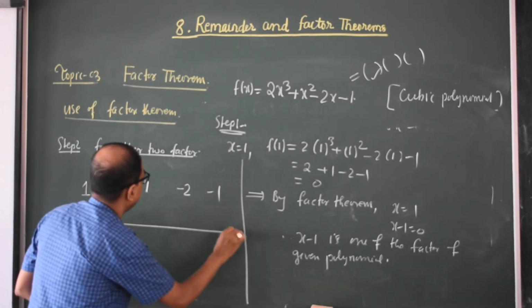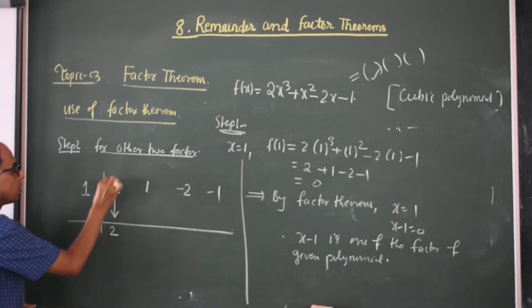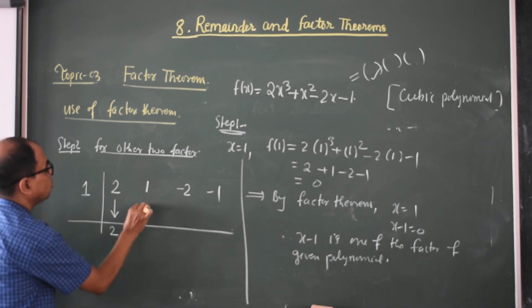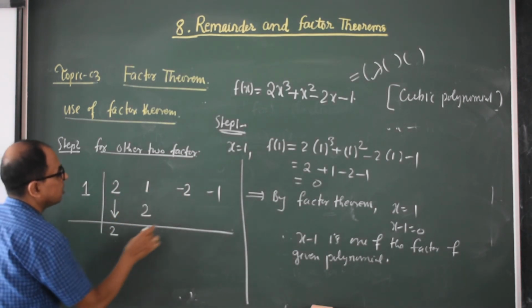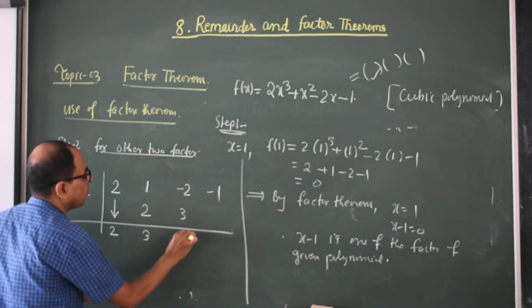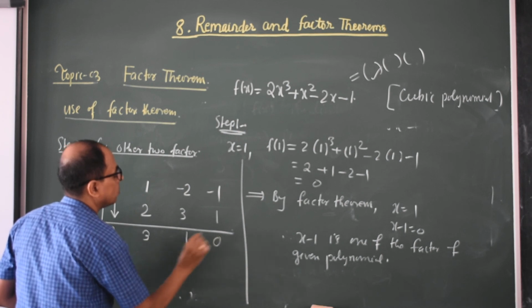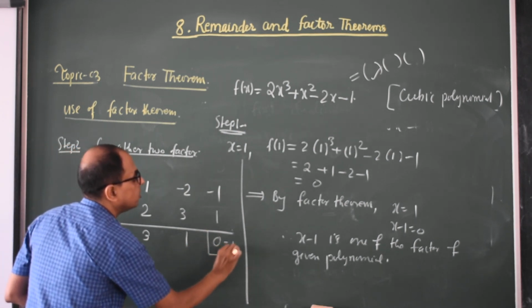Now draw a horizontal line. Now copy the first coefficient as it is. Now multiply: 2 into 1 is 2, and the sum will be 3. This into this, 3, sum will be 1. This into this, 1, sum will be 0. Clear? Of course it will be 0, always it will be 0.